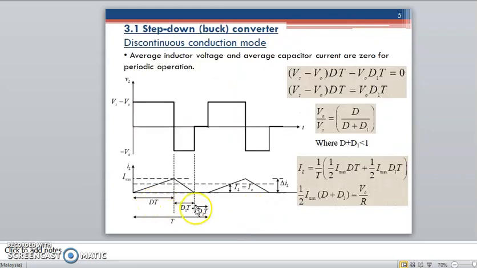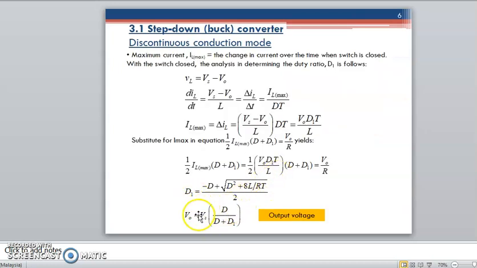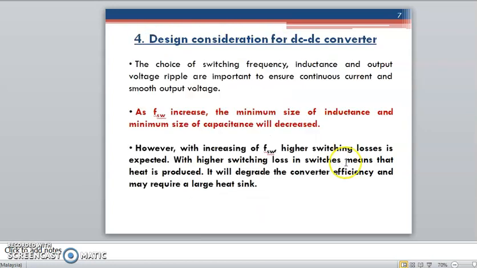So this is the value that affects how much the output voltage is, in terms of how much we want to set. So the duty cycles D1 and D will take place.